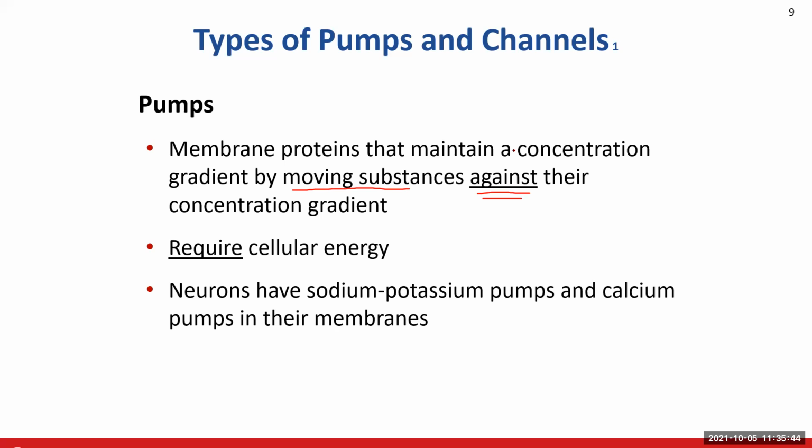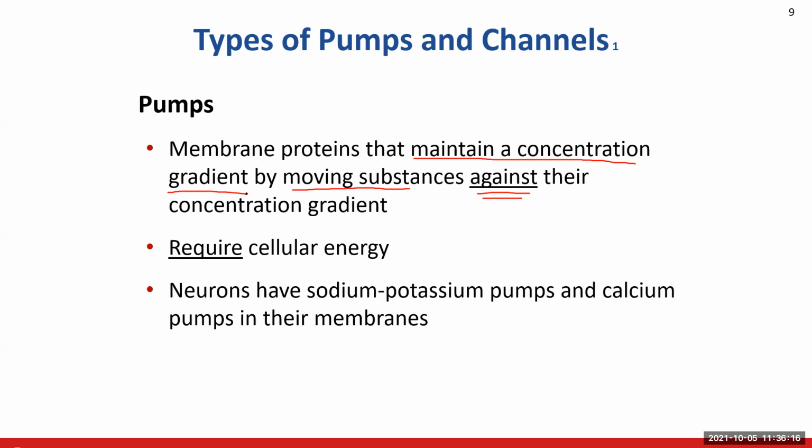These membrane proteins move substances against their concentration gradient, and by doing so, the cell maintains a specific concentration gradient. For example, there's more sodium outside of your cells than inside the cell. So these pumps will pump sodium that's inside your cell outside of your cell. But where does sodium want to go?